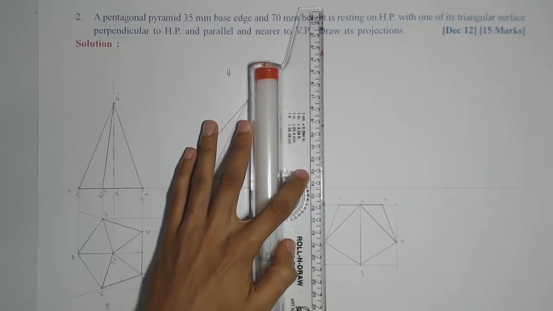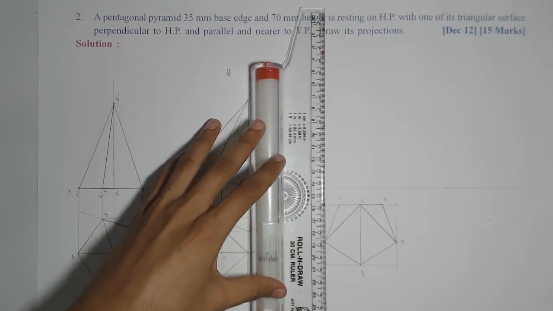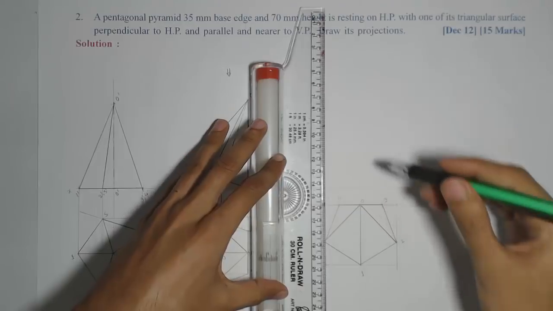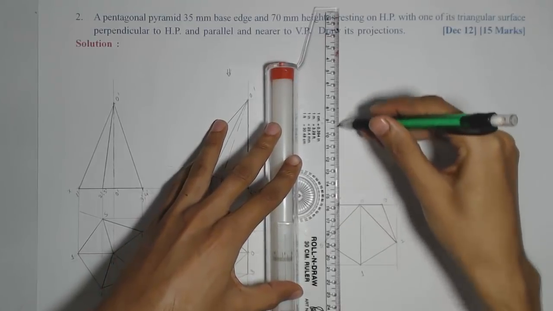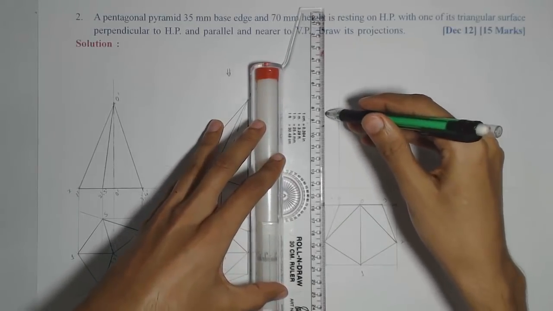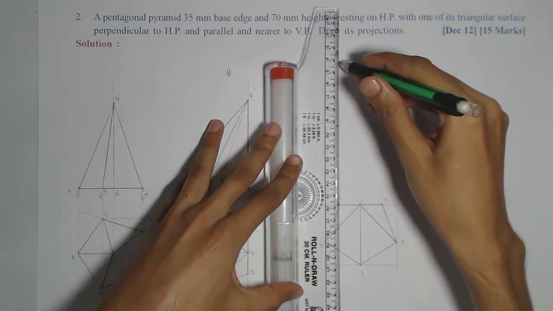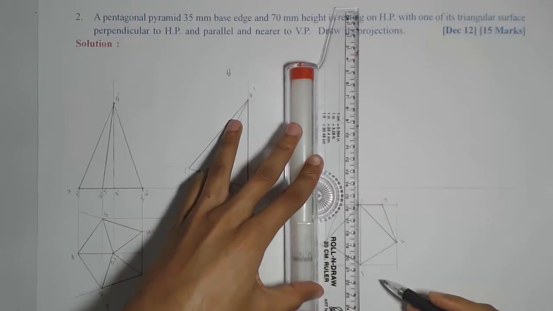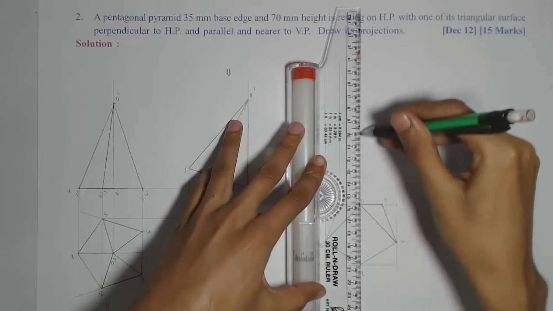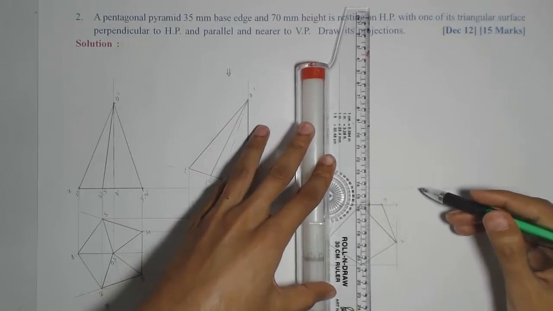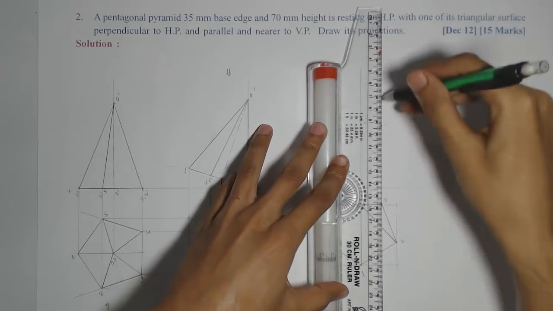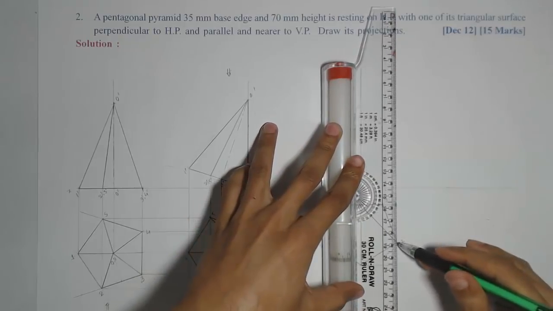So I'll drop the projectors from each corner. Three, and then last is 2.